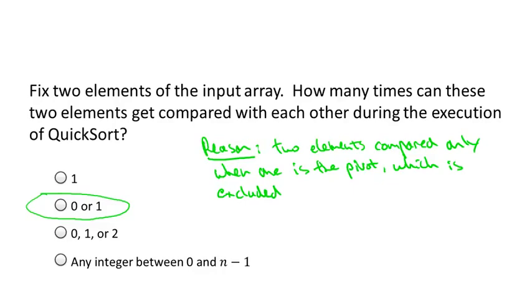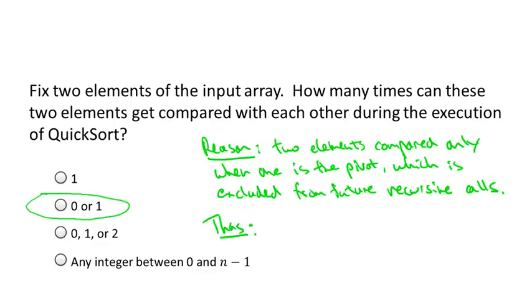Therefore, what's going to happen in the recursion? Well, the pivot is excluded from both recursive calls. So for example, if the seventh smallest element is currently the pivot, that's not going to be passed on to the recursive call which contains the third smallest element. Therefore, if you're compared once, one of the elements is the pivot, and they'll never be compared again, because the pivot will not even show up in any future recursive calls.